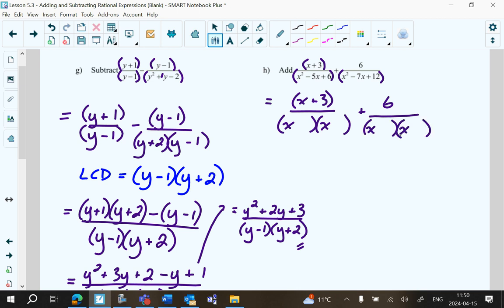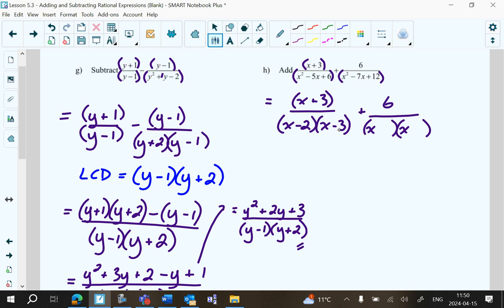What do we got for the first denominator? Add to -5. Both of them add to a negative and they have to multiply to a positive.